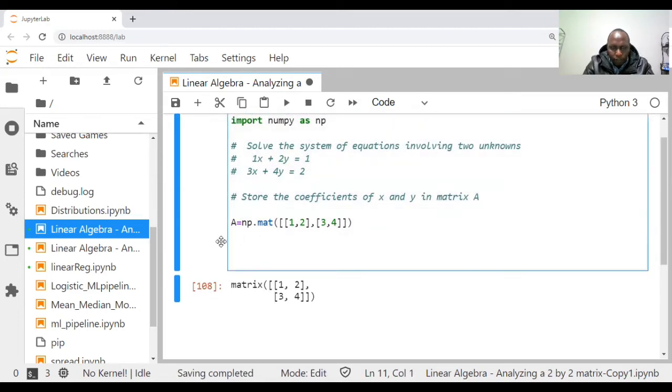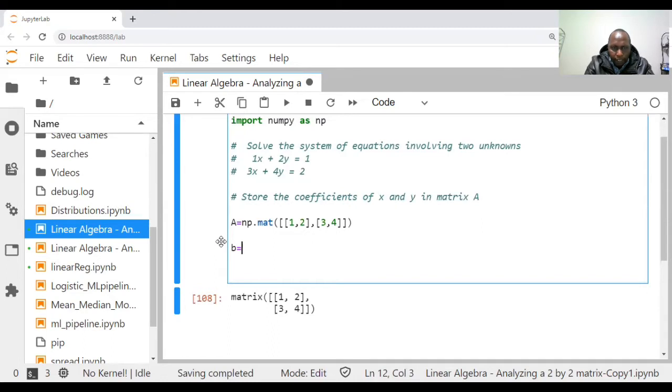The next thing we're going to do is to store the right-hand side elements in matrix B. Matrix B will be sort of a row vector, but we'll store it as a matrix. So we'll have np.mat, and then open and close the parentheses, open the brackets, and open the brackets again, and store 1, 2.